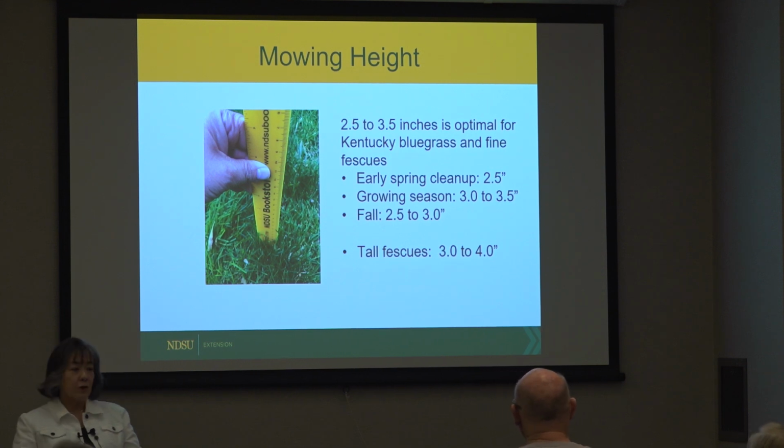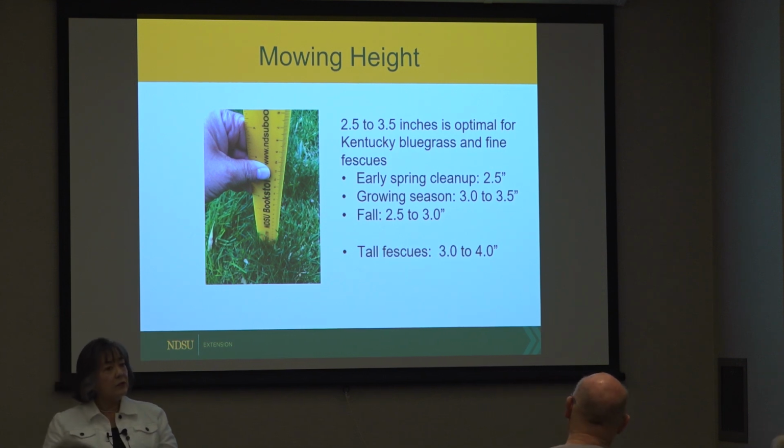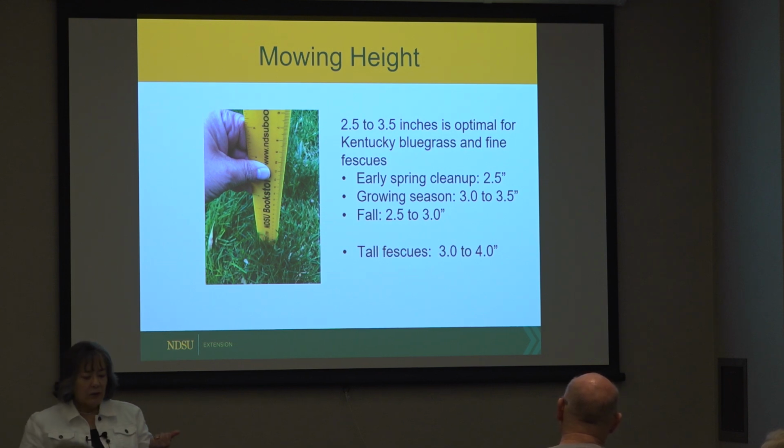As you are starting to mow early in the season, we would say a little on the shorter side, maybe start off at 2.5 inches, and that'll take care of some of the dead material and some of the brown vegetation. But as you're getting into the prime growing season, raise that mower deck to 3 inches, 3.5 inches, and you'll be surprised how much healthier your lawn is.